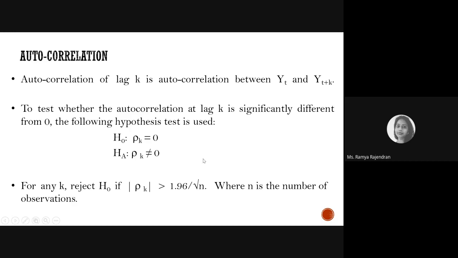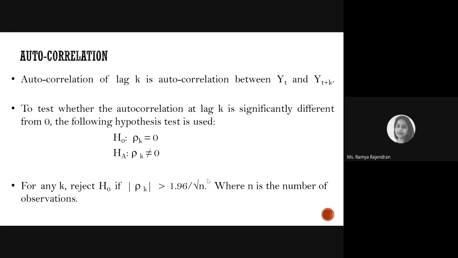So we use the formula 1.96 divided by the square root of n to reject or accept the null hypothesis. My autocorrelation should be less than negative or greater than 1.96 divided by the square root of n to reject the null hypothesis.